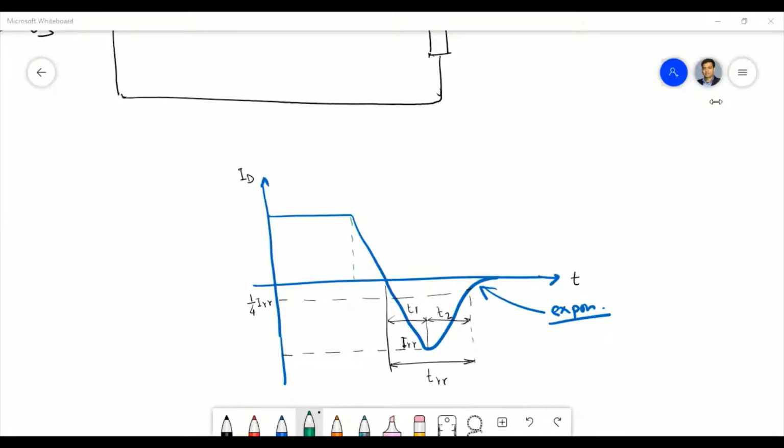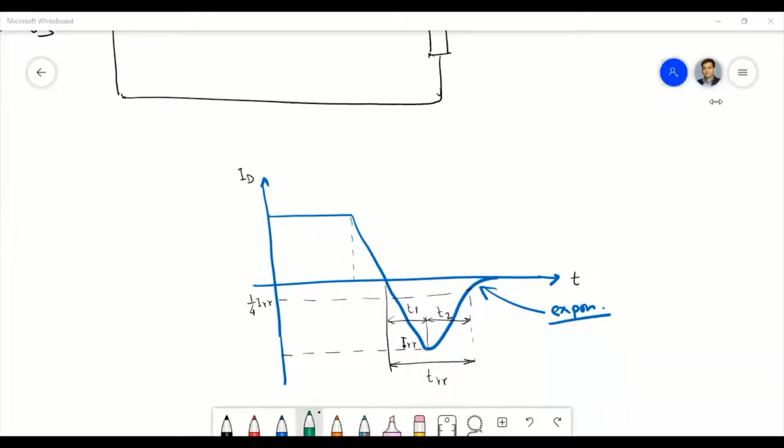Because the current flows in the opposite direction, which tries to flush out the minority charge carriers. No, in the last class also I mentioned that this reverse bias is a device phenomenon. It's not the external DC thing you are applying. That means when the space charge region will recover, at that time it will be reverse biased.